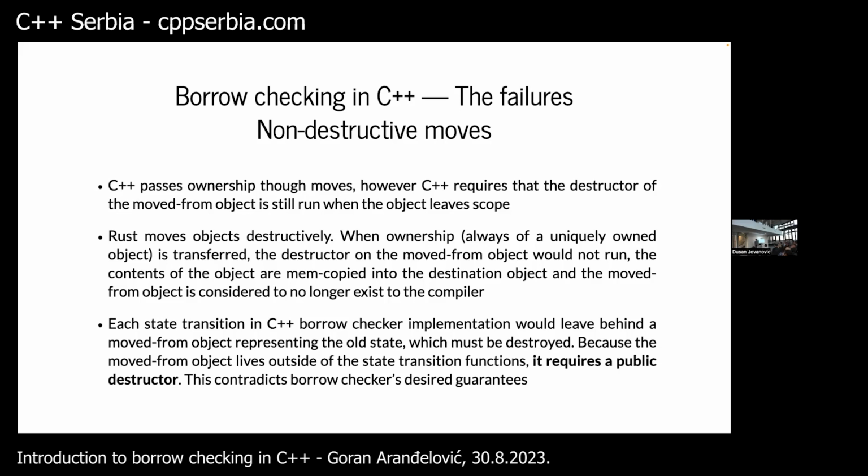And that is why, because Rust has destructive moves, you cannot enter a use after free scenario, and in Rust there is no invocation of a destructor for a moved from object. You can have a Rust move operation implemented as a plain memcpy.